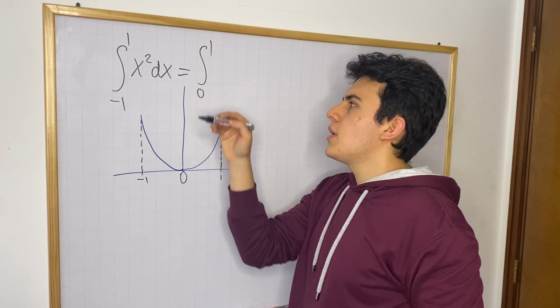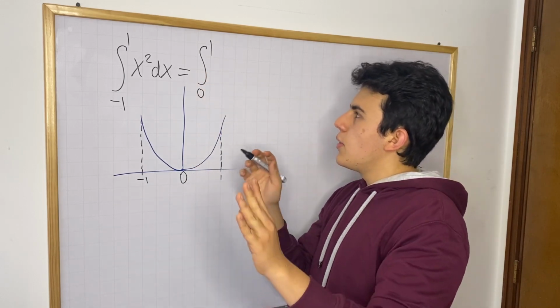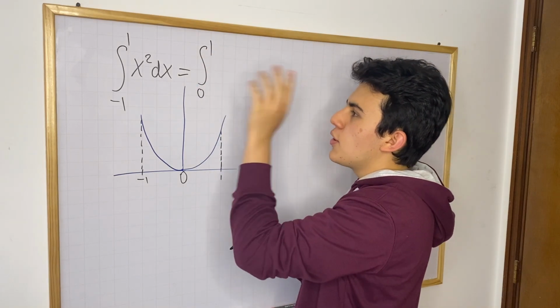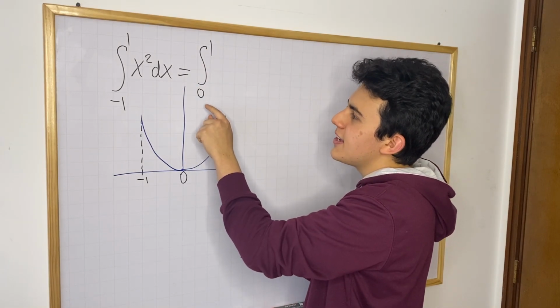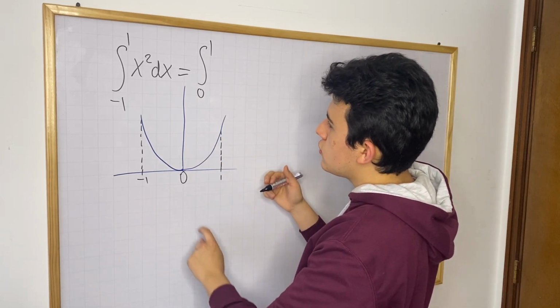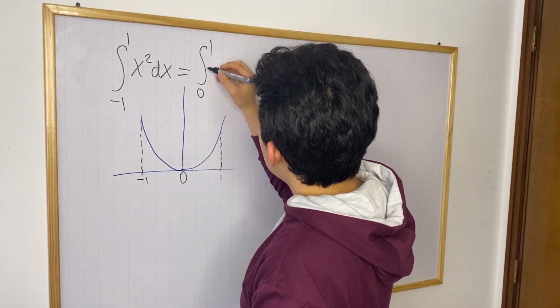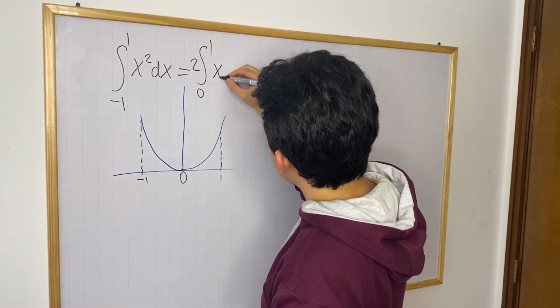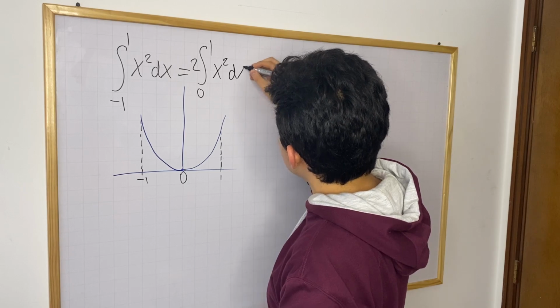You would have to multiply by a negative in front. But anyways, imagine I never said anything about writing plus or minus here. So this definite integral can be computed as the definite integral from 0 to 1, or from -1 to 0. And I'm going to write the 2 in front, so 2 times this definite integral, and this is going to be x squared dx, okay?